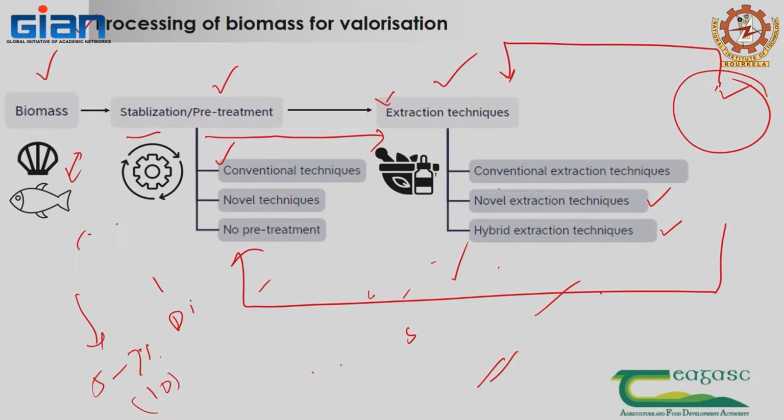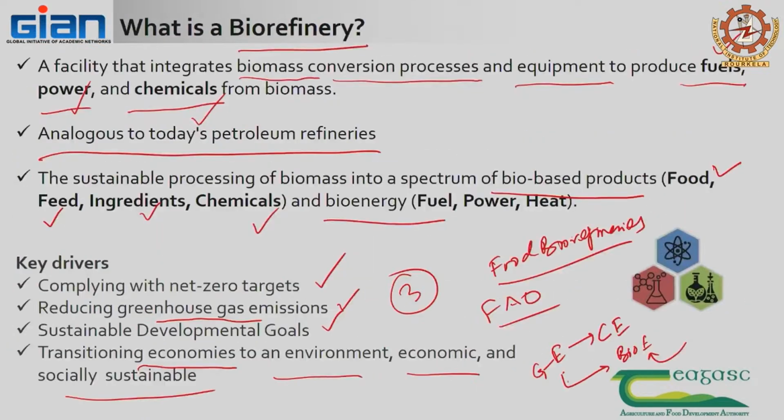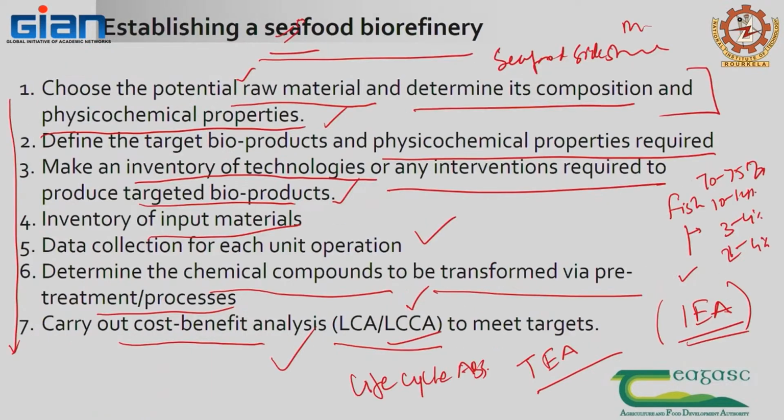So, a quick recap of how we establish a biorefinery. One, you need to know your raw material, its composition, the most important element, and understand its properties. Second, what are the target bioproducts? What we can get from fish is protein, lipids, gelatin or collagen, and minerals.